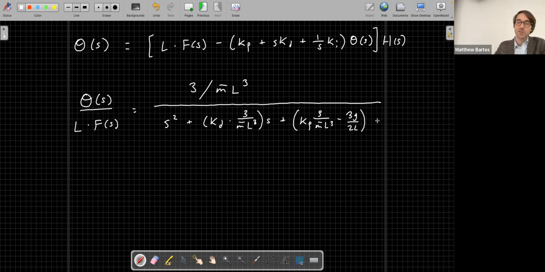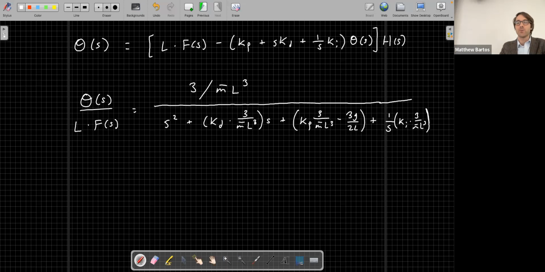And then we have this additional term, 1 over s times Ki times 3 divided by m bar L cubed. Yikes, don't have enough room there.